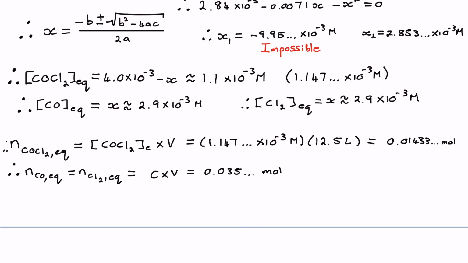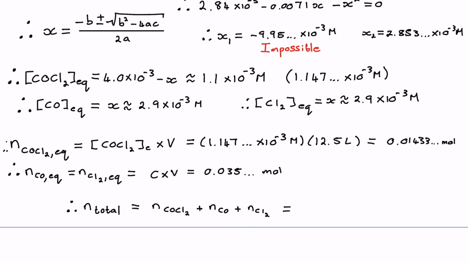Alright. So then from that we must get the total number of mole of the gas. And that is equal to the sum of the carbonyl chloride plus the carbon monoxide plus the chlorine gas.